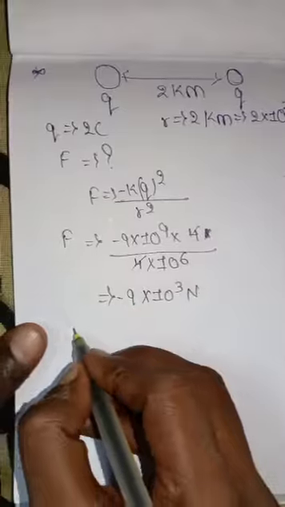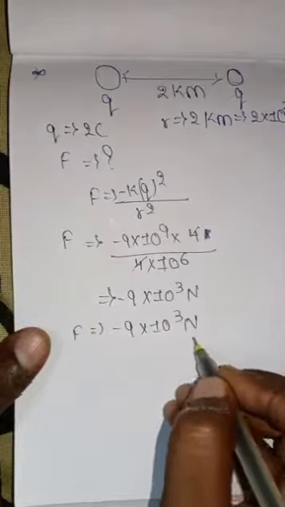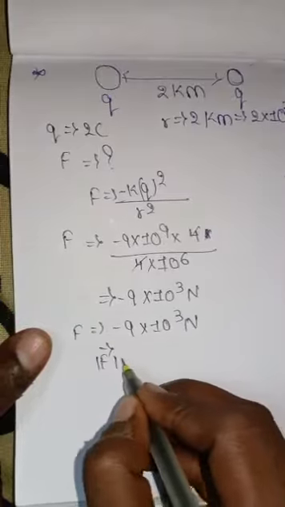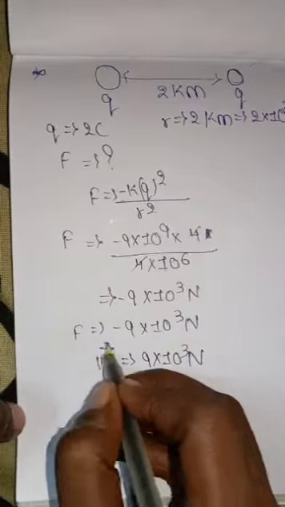If the force is minus 9 into 10 power 3, the magnitude of the force will be 9 into 10 power 3 Newton.